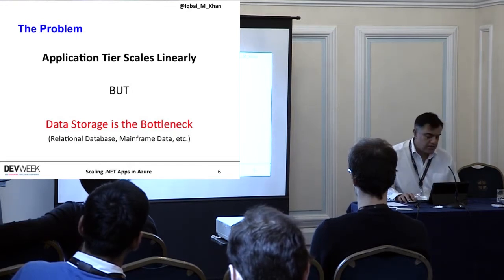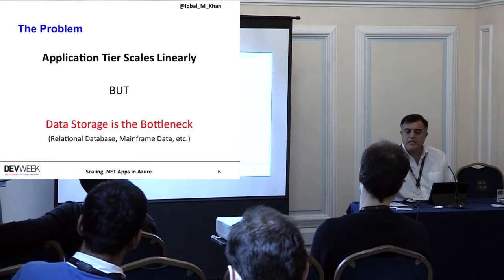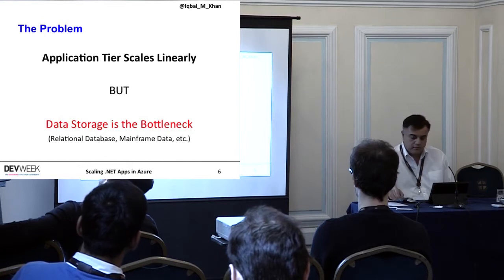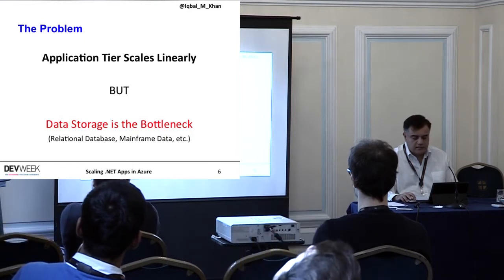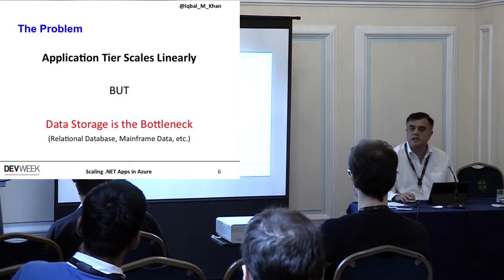Data storage is usually relational databases or mainframe data or any other traditional data store that you have. And I don't mean the NoSQL that I'll talk about in a bit. And because this becomes the bottleneck, it doesn't really matter whether this can scale or not.